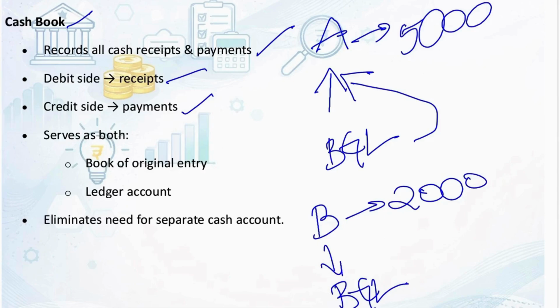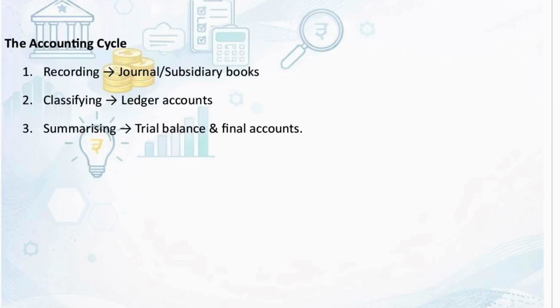So this is how the cash book works: all cash receipts are recorded on the debit side and all payments are recorded on the credit side. Now let's see the accounting cycle. Every accounting concept is like a cycle.